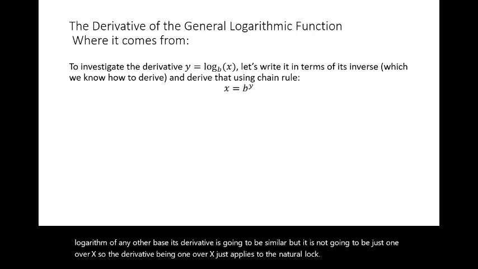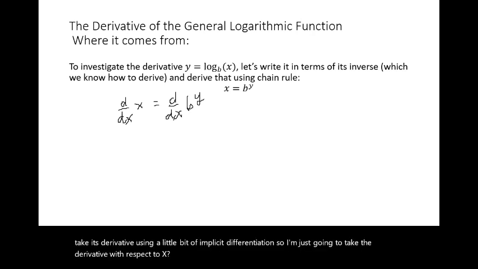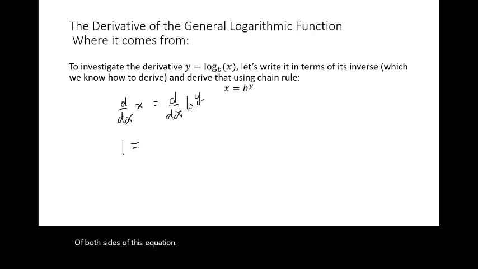So this is just an explanation of why the derivative of log base b of x comes out the way it does. If you were to write it as x equals b to the power y, which we already know how to derive, we'll take its derivative using a little bit of implicit differentiation. So I'm just going to take the derivative with respect to x of both sides of this equation. So the derivative of x with respect to x is 1.